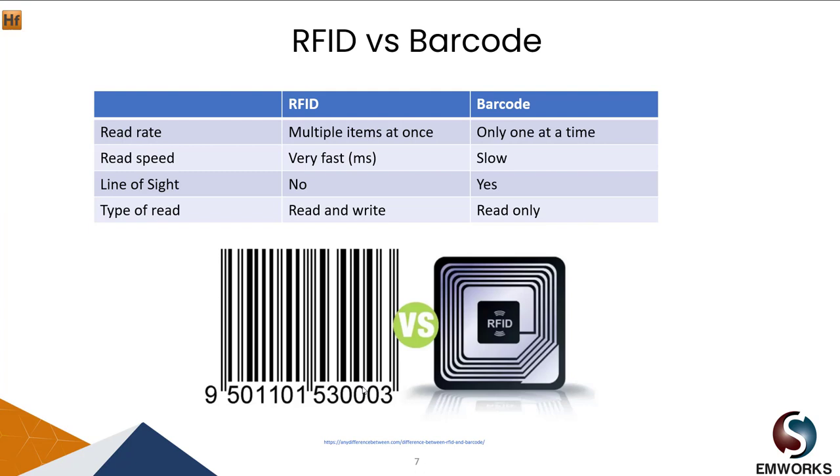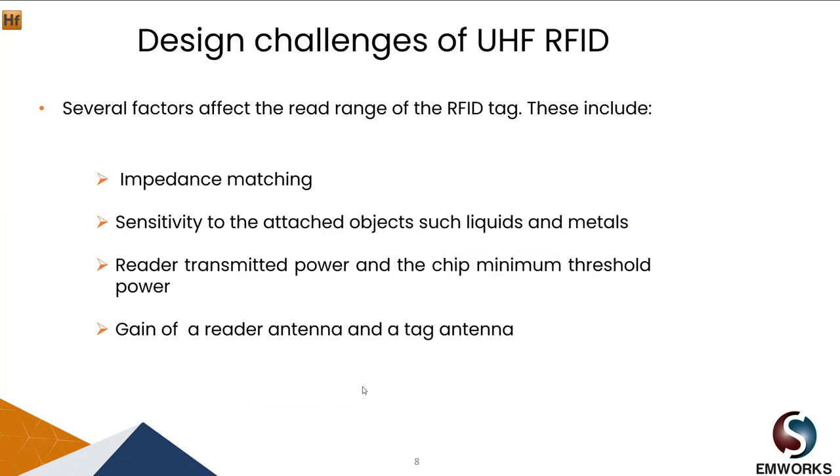Tracking the tags for RFID doesn't need a line of sight, as is the case with the barcode. The barcode is read only, so we can only read the information from the barcode; we cannot edit or write any information on it, which is not the case with RFID. For RFID, we can both read and write.